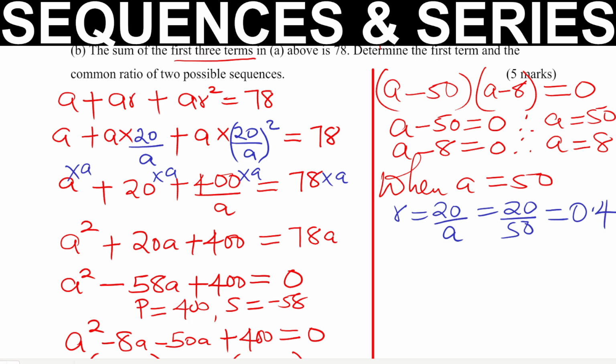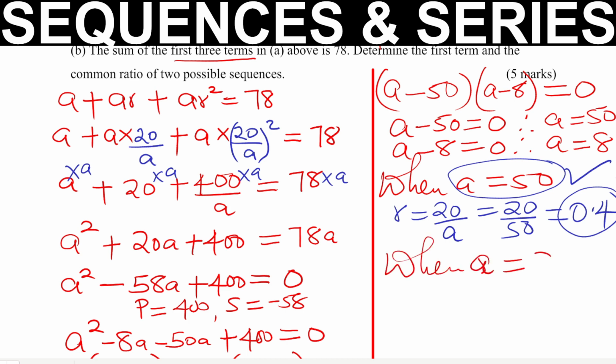So when A is 50, R will be 0.4. What about when A is 8? When A is 8, R is 20 divided by 8, and this one will give 2.5. So this one is another possibility. So when A is 8, R is 2.5, like that.